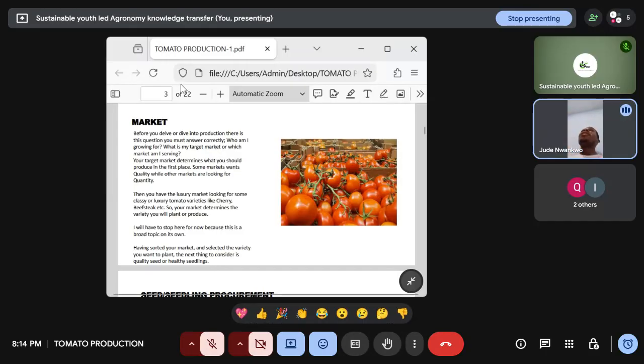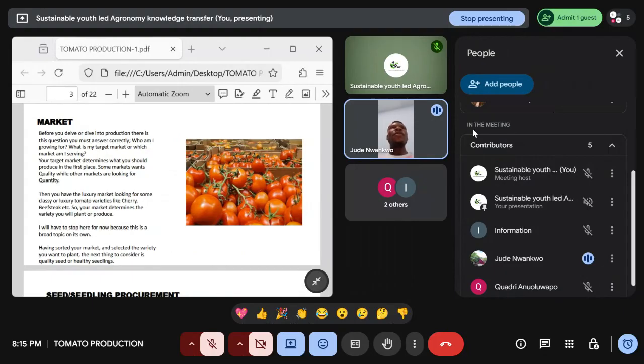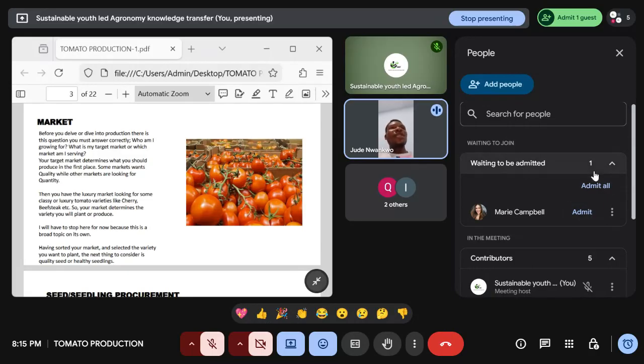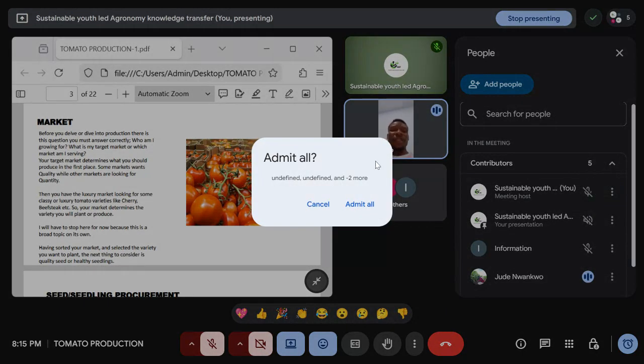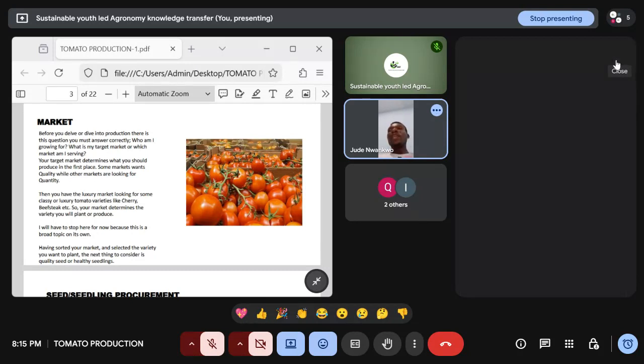You cannot say a particular production cycle is successful just because you achieved tons upon tons of maximum yield, depending on the size of the land you are cultivating.